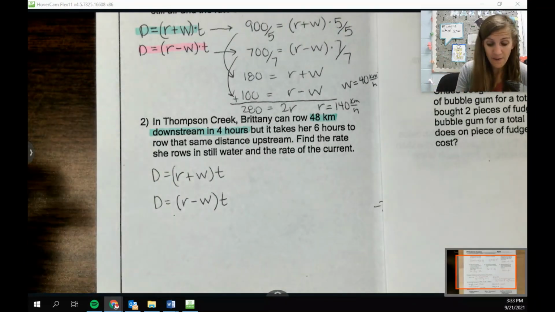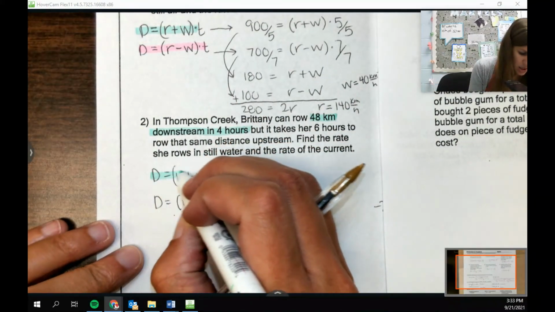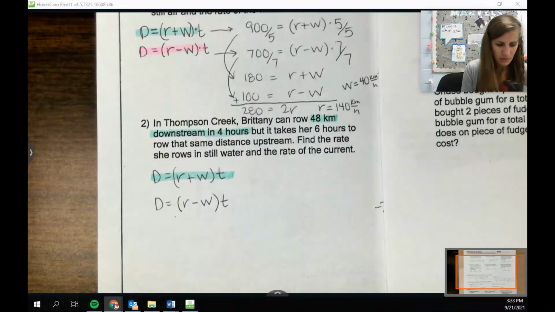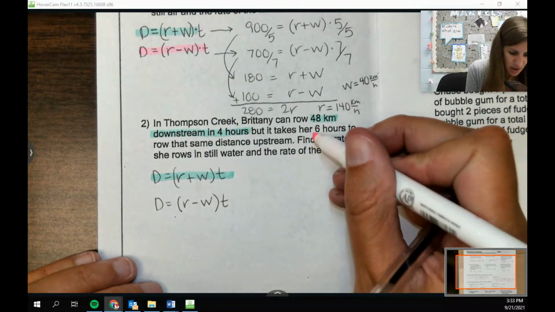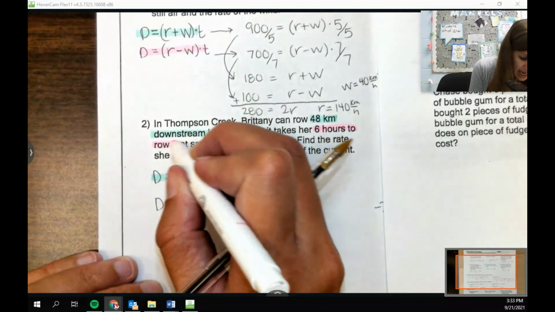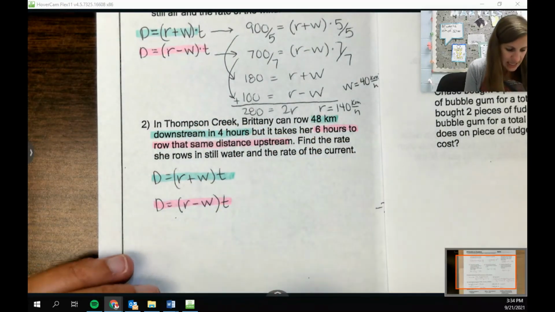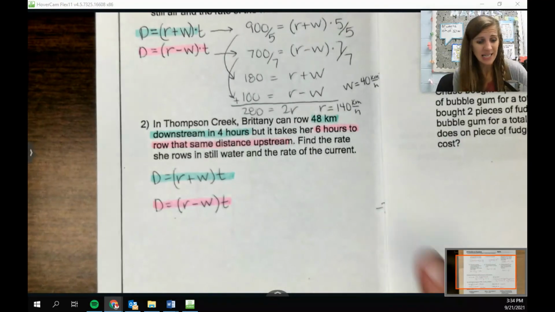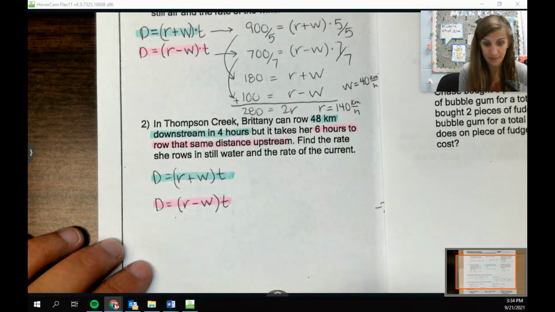Downstream means I'm going to be going faster. So this is my plus situation. But it takes her 6 hours to go the same distance, but upstream. So upstream is slower. It's working against me now. And it is the same distance. It kind of feels like I only know one number there, but it's the same distance. So I actually know that it's 48.